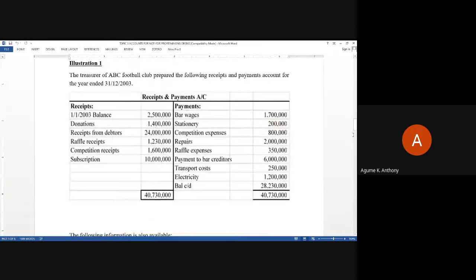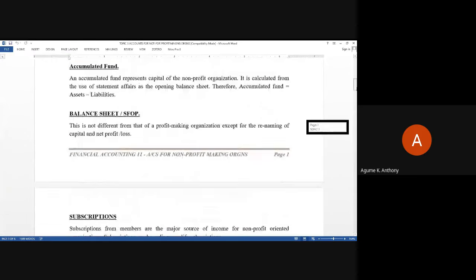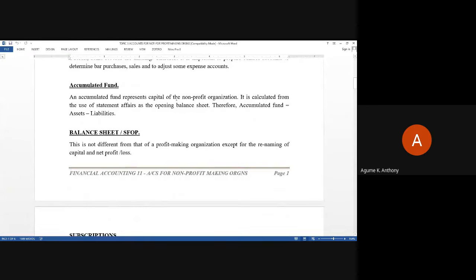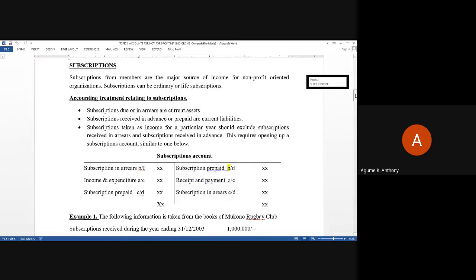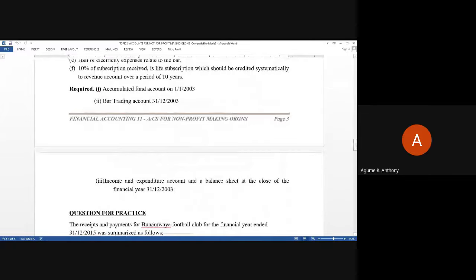Now, if I may take you back on the accumulated fund, this accumulated fund normally represents the capital of a non-profit organization, and it is calculated from the use of the statement of affairs as the opening balance sheet. So meaning that for you to prepare the accumulated fund, you need to get your assets minus liabilities.